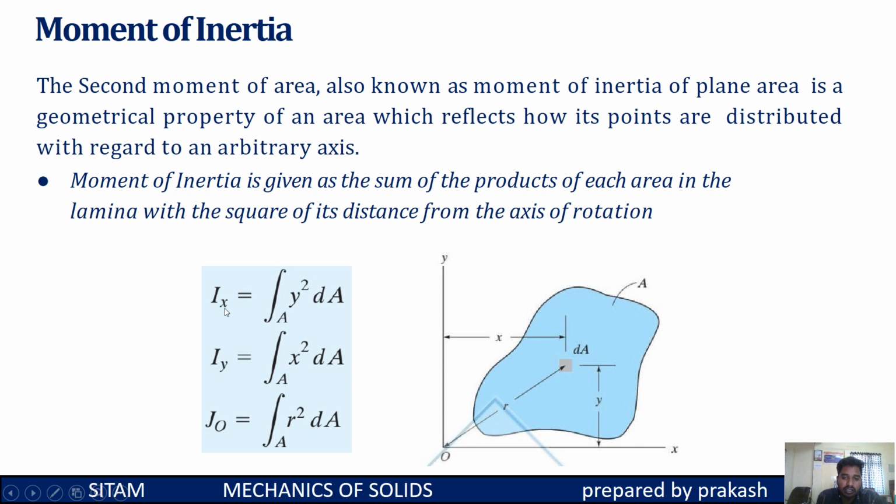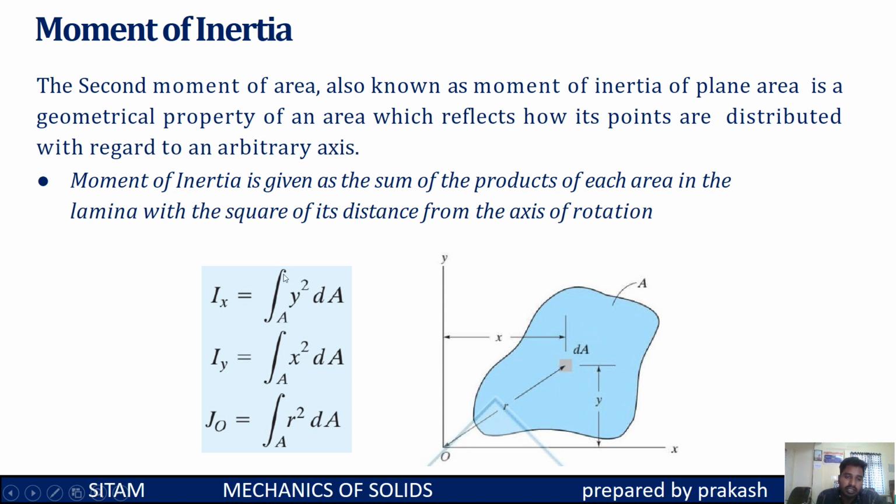So the moment of inertia about the x-axis is given by the integral of, and why we are considering the integral is that first we have to calculate the area of this element, and after that, integrating this area, we can calculate the total area.